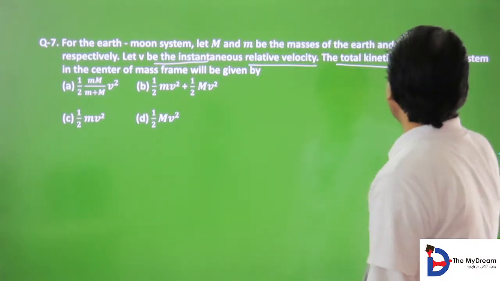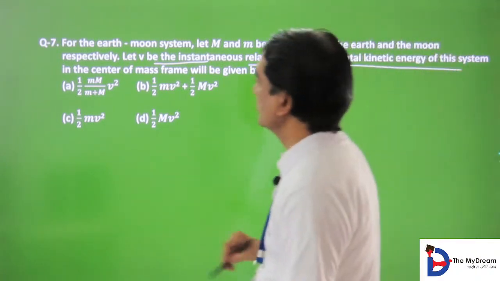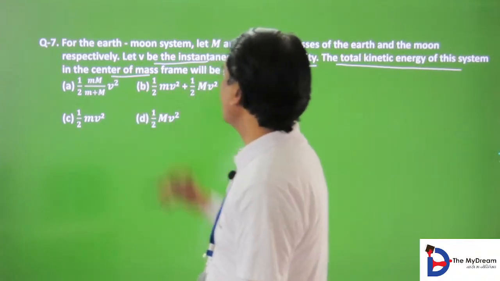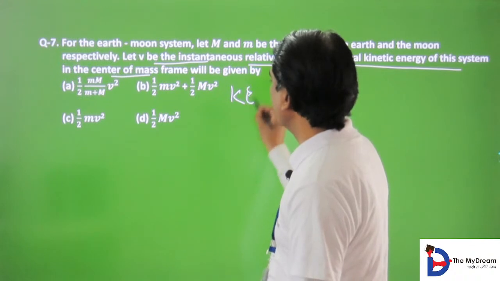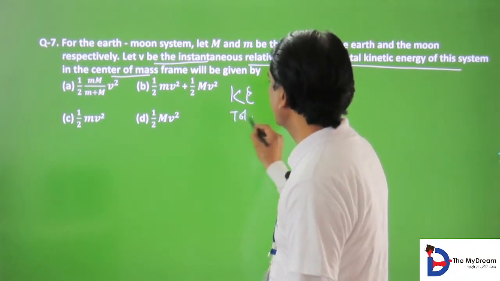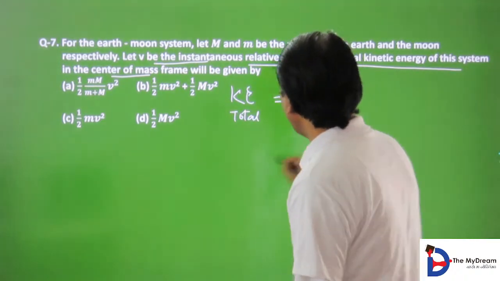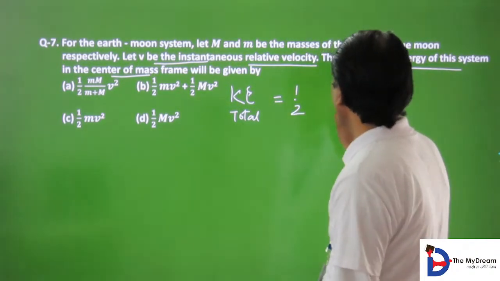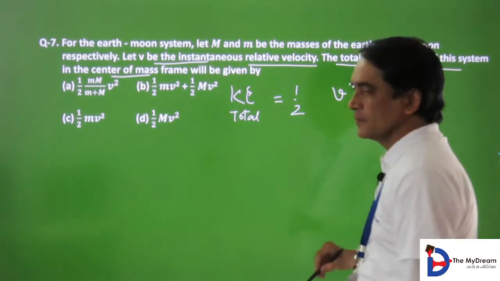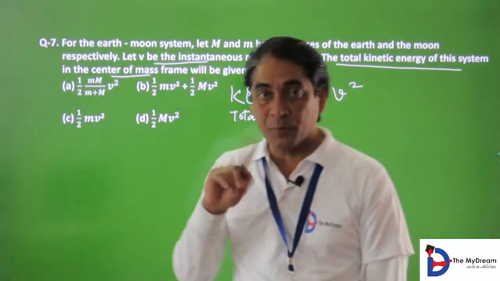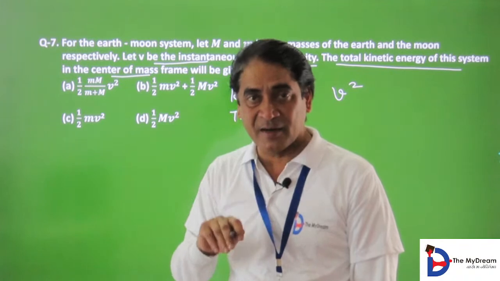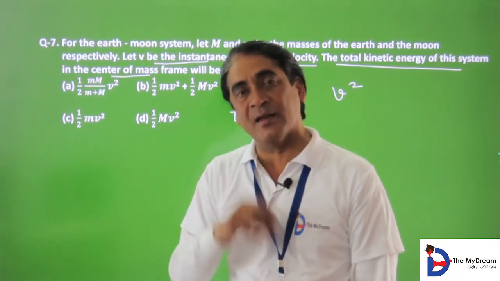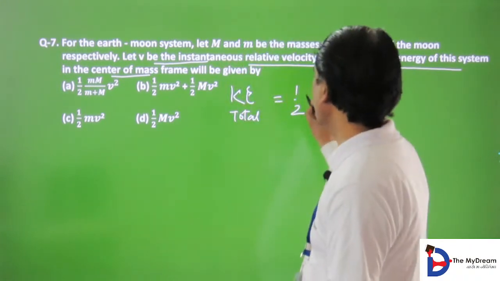Then the total kinetic energy of the system in the center of mass frame. So as I told you before, the total kinetic energy is given by half mu v square. There is no need to put small m because for the instantaneous relative velocity we are considering the reduced mass, which is represented by mu.